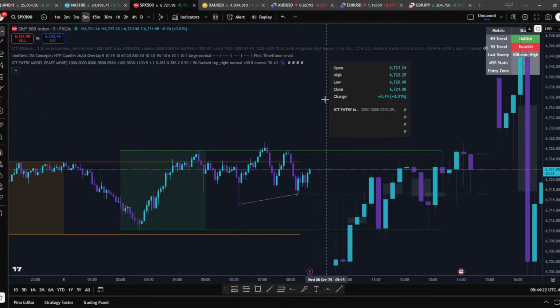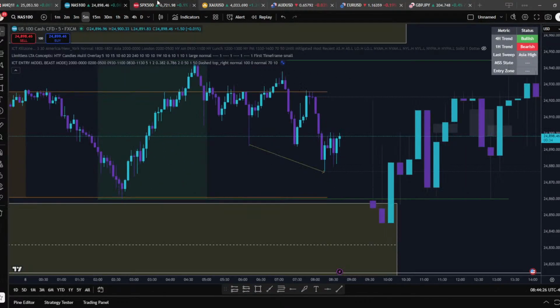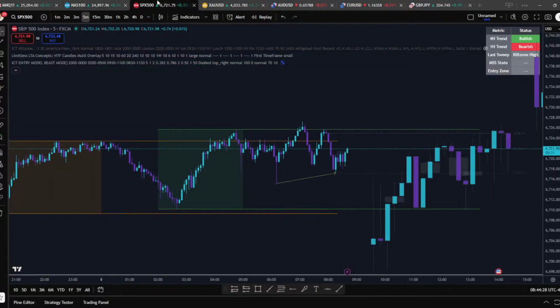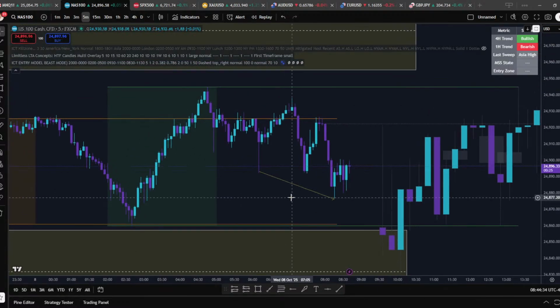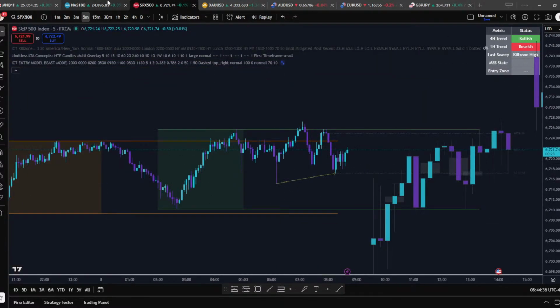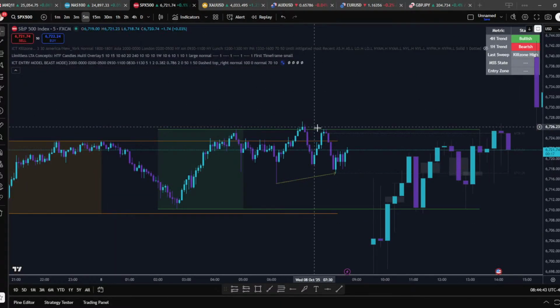What does this mean? This means that one of the pairs is slightly stronger than the other pair. So ES is stronger than NASDAQ. Okay? So when you see this happening, see how from there to there, there's nothing. It's the same, right? More or less. That's what you want to see going forward.